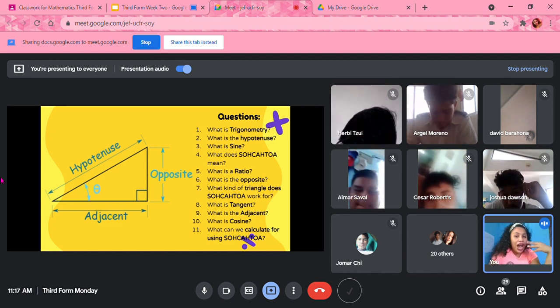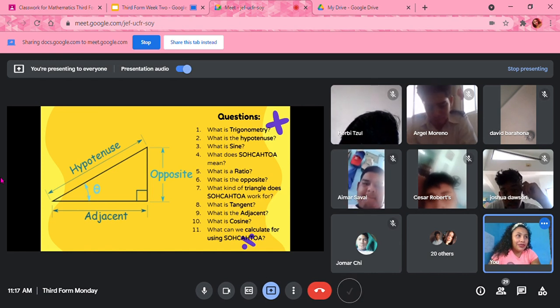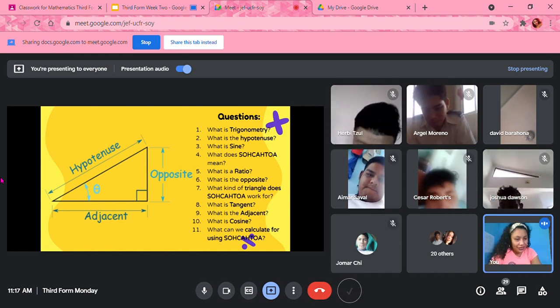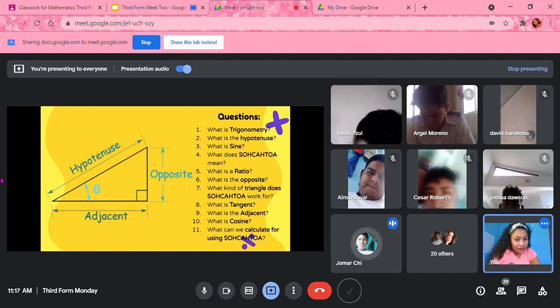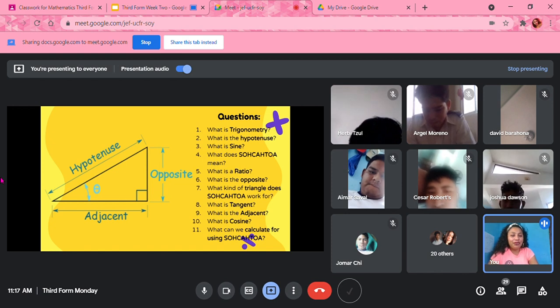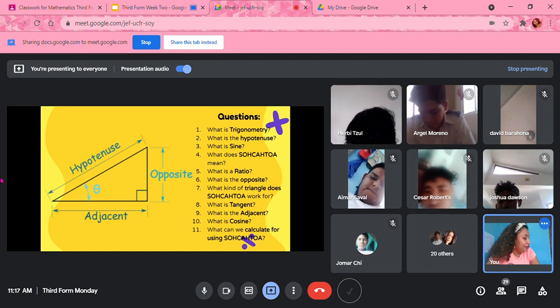In trig, how would I write the ratios if I had two of them? How would I write it? A over B. Very good, Jamar. A over B. What is the opposite? Which side is the opposite? How do we know that that side is the opposite?